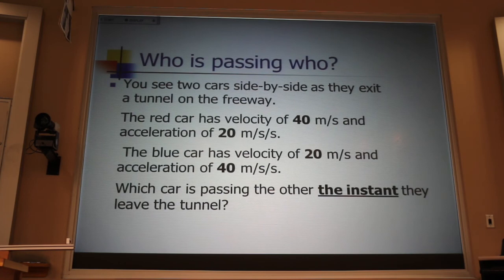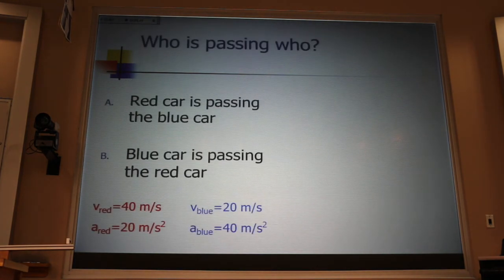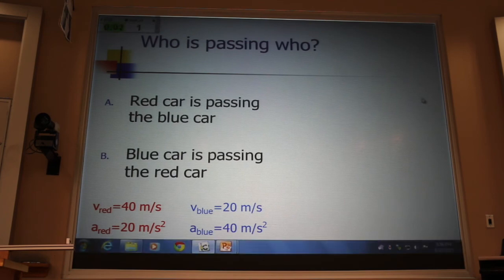We're told that the red car has a velocity of 40 meters per second and an acceleration of 20 meters per second per second. The blue car has a velocity of 20 meters per second and an acceleration of 40 meters per second per second. Which car is passing the other one at the instant they are leaving the tunnel? Is the red car passing the blue car, or the blue car passing the red car?